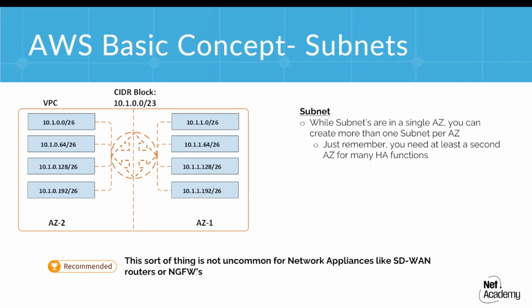This means it's a key step to work with your vendors for your solutions. Doesn't matter if it's Cisco or PAN or Arista or whoever. Work with those vendors and find out what their recommended architecture is and why, so that you understand it and can incorporate it into your documentation. That's it for subnets. We'll pick up session 3 before too long, and we'll take a look at route tables.